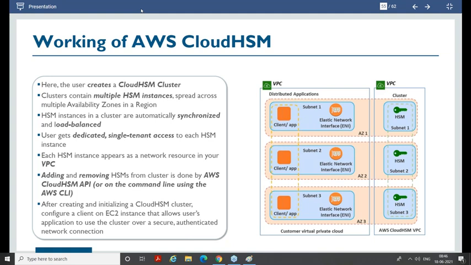You can decide what algorithms to be used. You can decide what methods to be used to generate those keys and how to use those keys. This is a single tenant platform. That means this particular cluster has to be managed by you, and this cluster will be used to only provide keys to your organization. Obviously, it is costlier in comparison to your KMS. Are we all clear now?